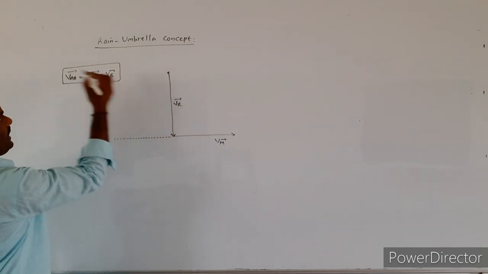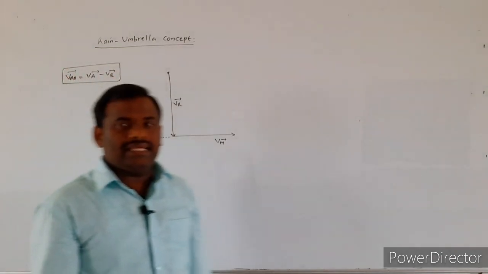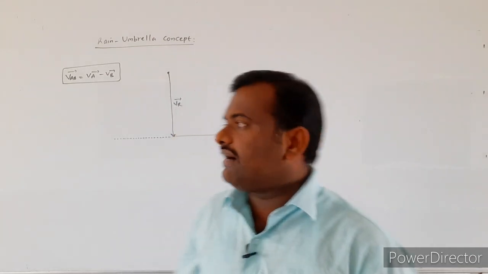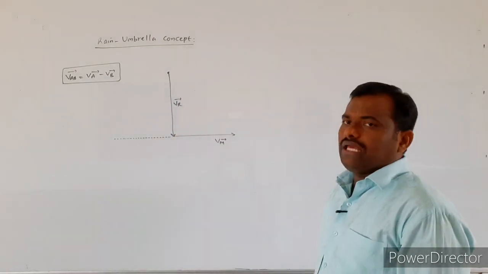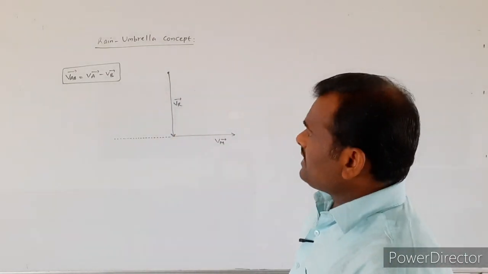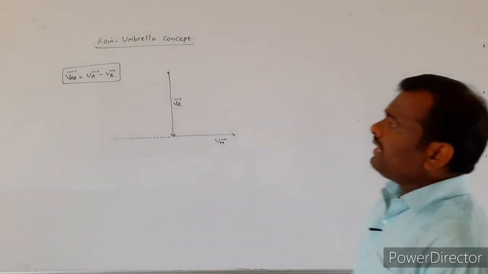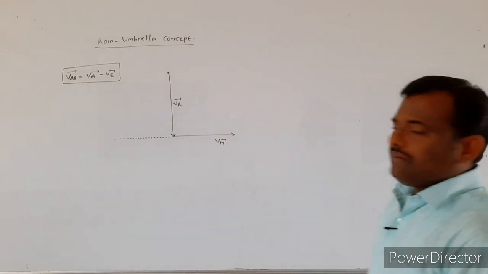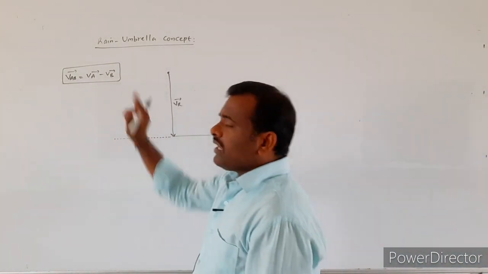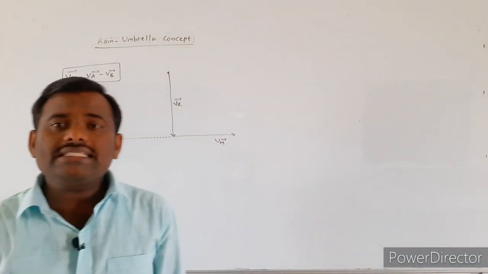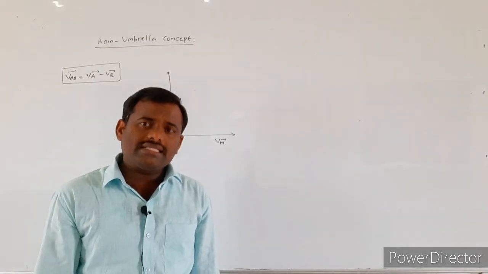VAB bar indicates the relative velocity of A with respect to body B. VAB bar is equal to, in general notation, VA bar minus VB bar.